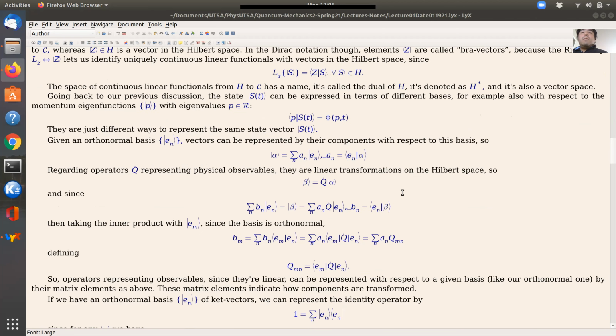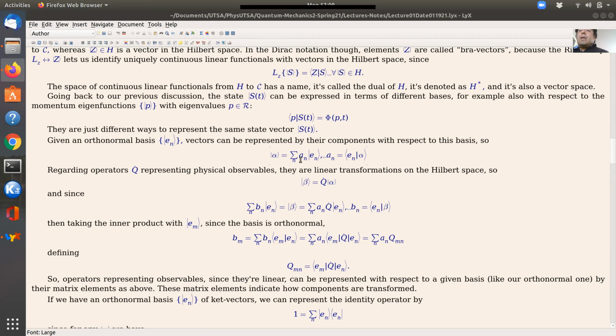And then also we have the concept of, well, projections, etc. So let's say that you have an orthonormal basis, right? We're going to call it En. And so vectors can be represented by their components with respect to this basis. Okay, so we assume that it's a basis, so it generates a space and it has the orthonormal property.